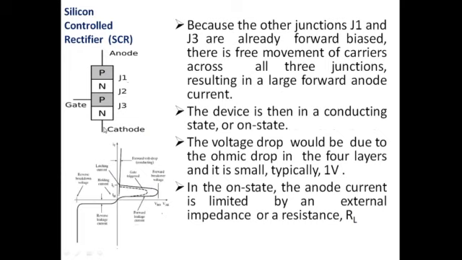There is no blocking of carriers. It is acting like a closed switch, exactly like a wire. Even though there is a small drop, if you neglect that drop, it is exactly acting like a closed switch.